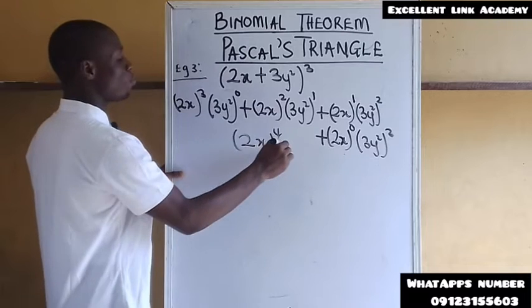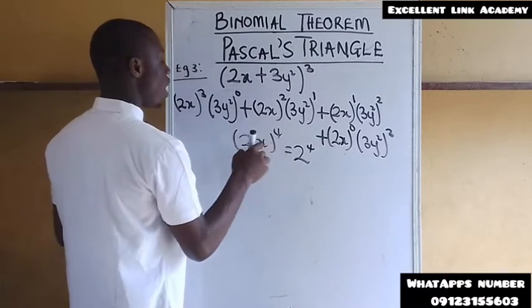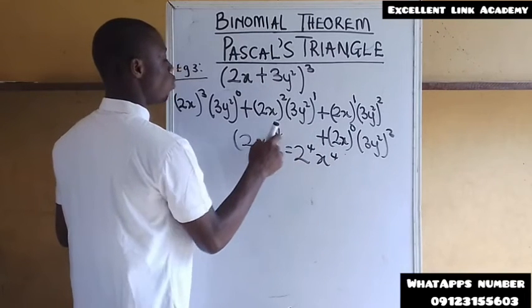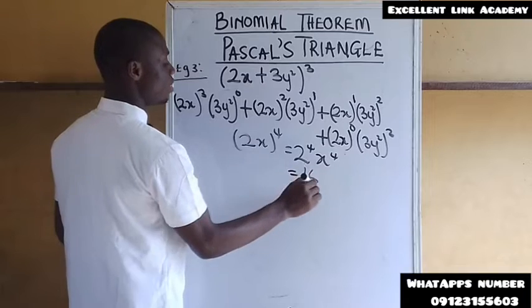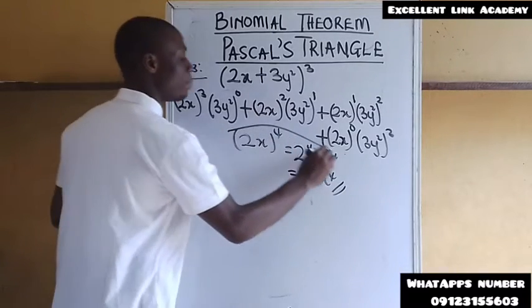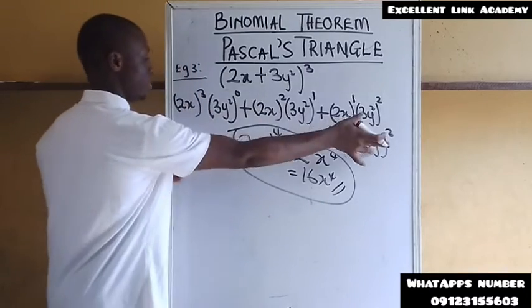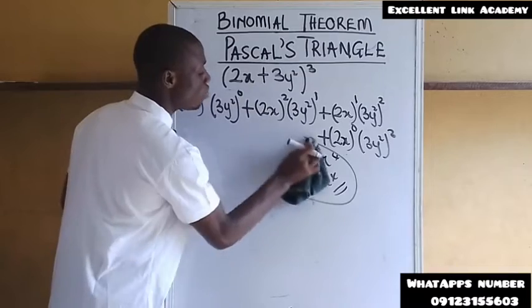That becomes 2 to the power of 4, x to the power of 4. So 2 to the power of 4 is 16x to the power of 4. Here's my answer. I will apply this concept throughout this, so take note of this concept, please.